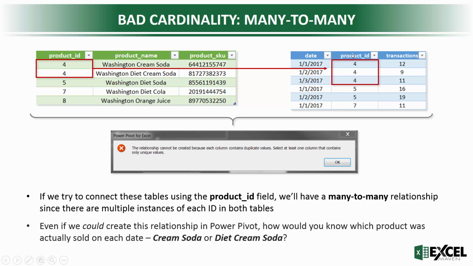Because based on the product ID of 4, that could mean that you sold Washington cream soda or you sold Washington diet cream soda, and there would be no way to differentiate between the two. So in a nutshell, that's why many-to-many relationships simply don't work in a relational data model like this.